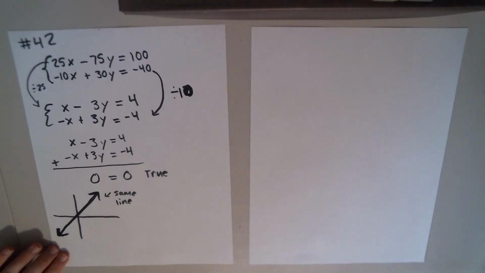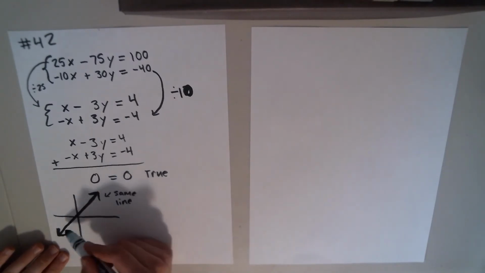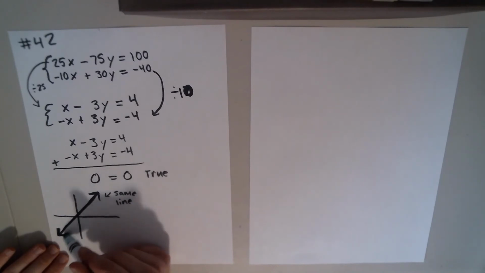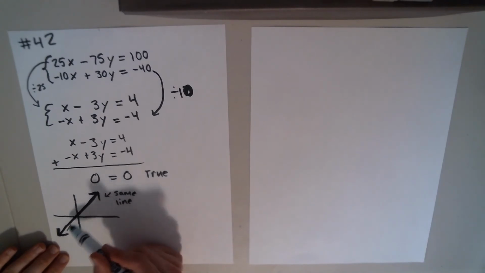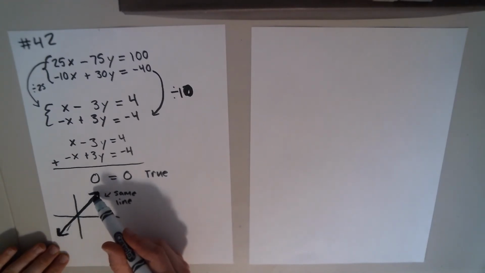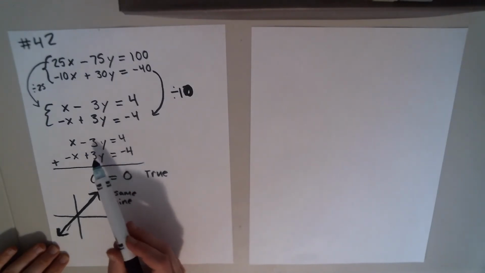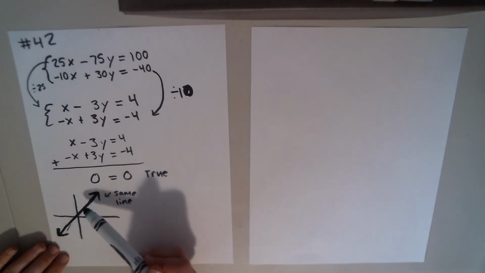Okay, well, the solutions aren't all real numbers, right? The places where these lines intersect is not all of 2-space. It's just the points along this line, okay? So I just need a way of describing the points along this line. Normally how you describe a line is with an equation, right?